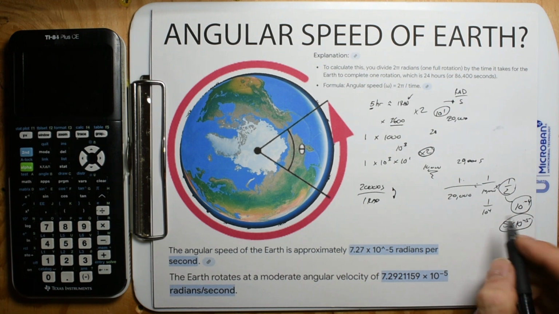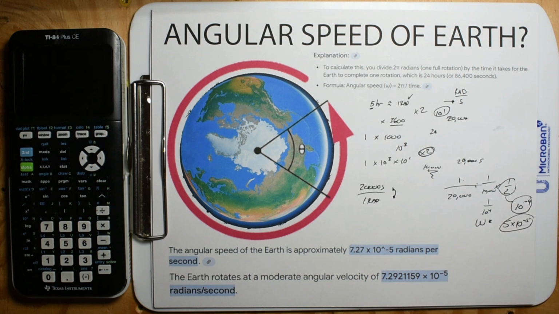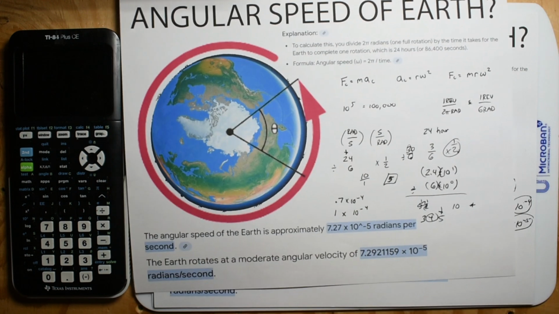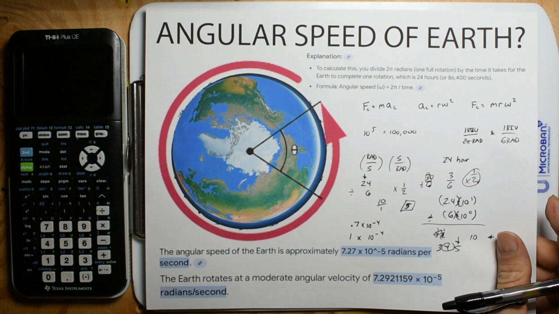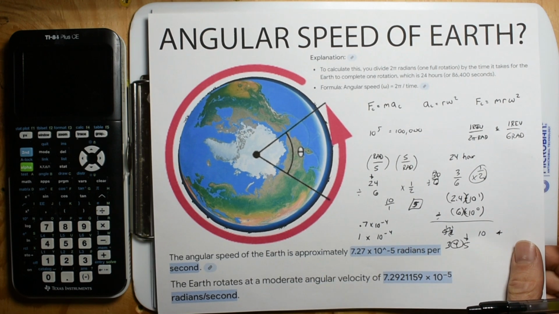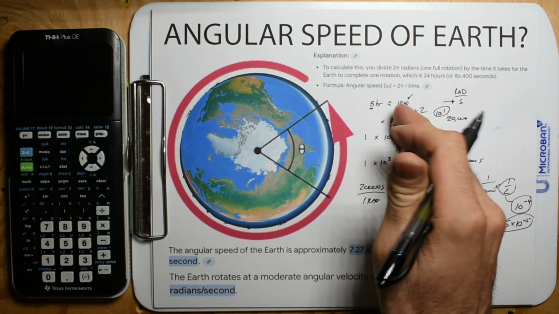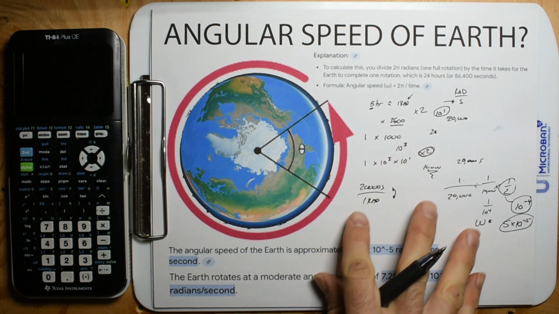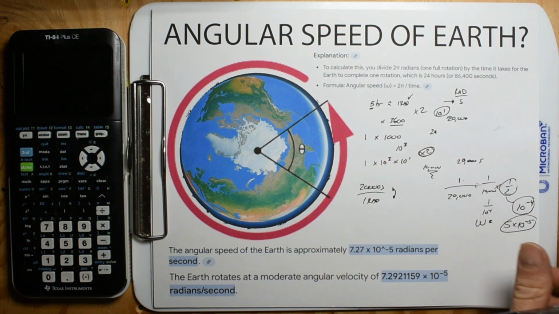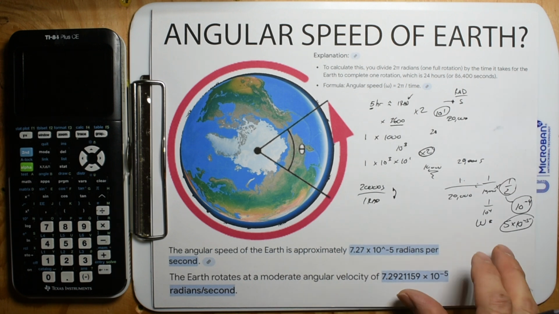You know what I mean? So this is going to be the angular speed of the Earth. But I see how absolutely crazy guessing is. Because I'm kind of used to this, but wow, it's even like teaching it. You're going to be like, oh, hell no, I'm never going to do that. But it is a decent thing to do.